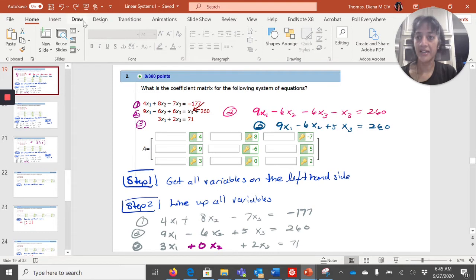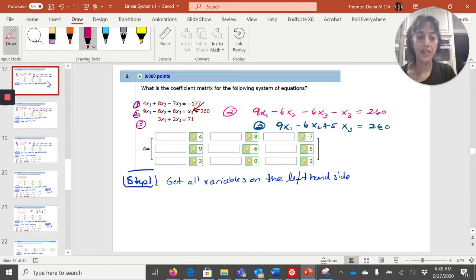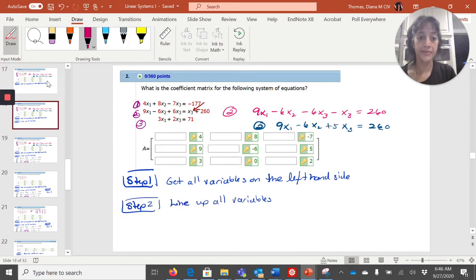Let's do this again. Let's put a plus over here. Okay, so now when I subtract the x3 over, I'm going to get a 5 on 5x3. So that fixes that. The next thing I'm going to do is line up all the variables.